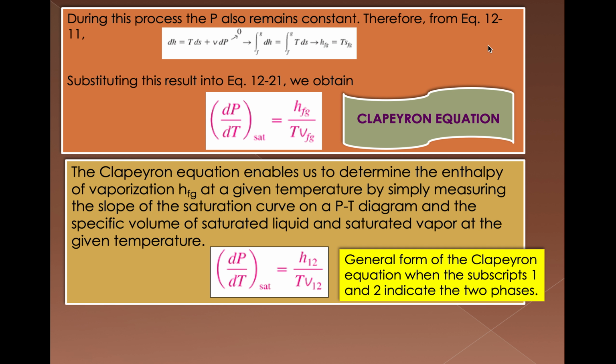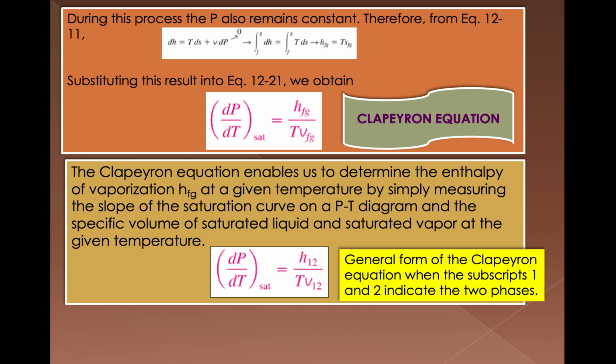Therefore, from equation 12-11, dH equals TdS, and h equals Ts. Substituting this result into equation 12-21, we obtain dP/dT equals hfg/(T vfg). So basically, this is the Clapeyron equation.